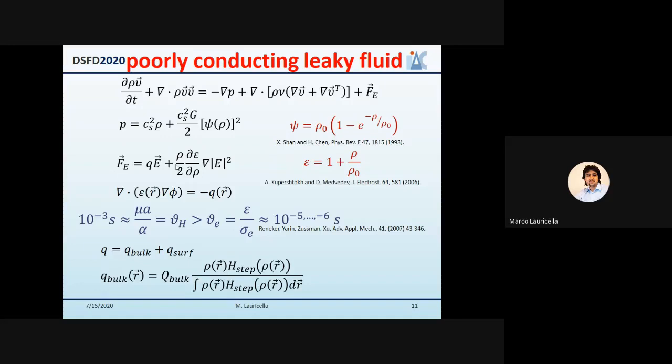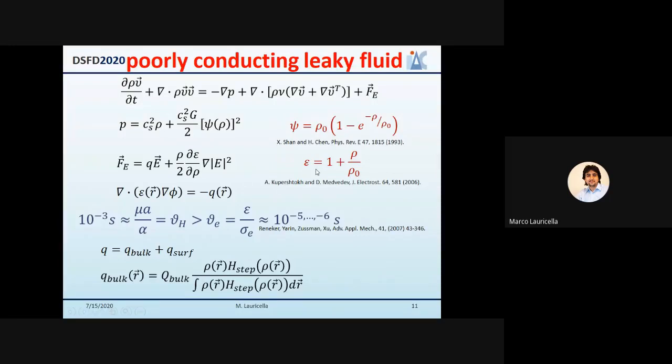Since we need, in this case, a formulation of the permittivity as a function of the density, since you see there is the derivative of the permittivity with respect to the density here, we exploited the relation given already by Cooperstock and Medvedev, here reported in red.